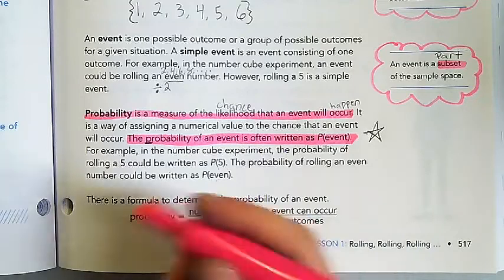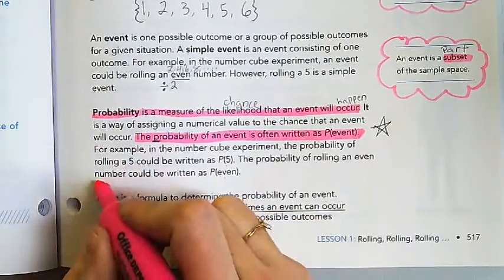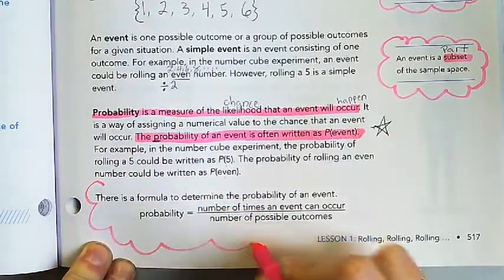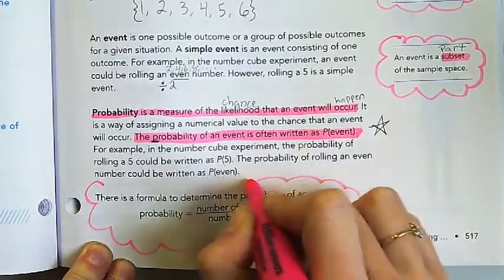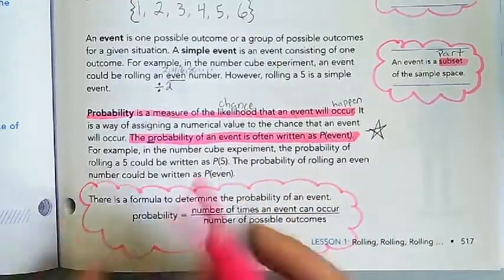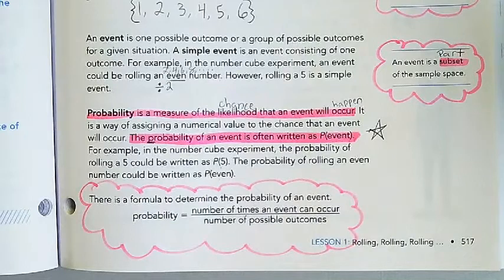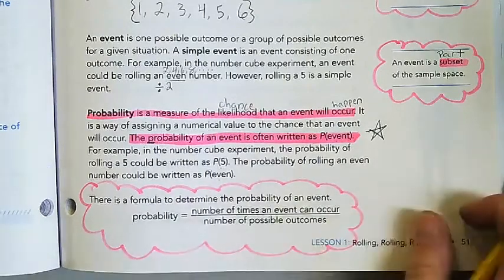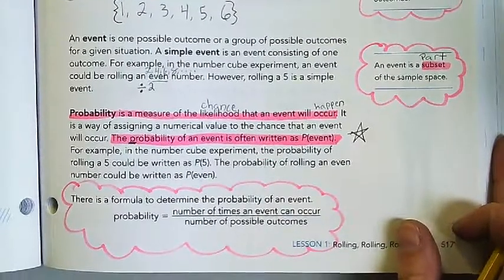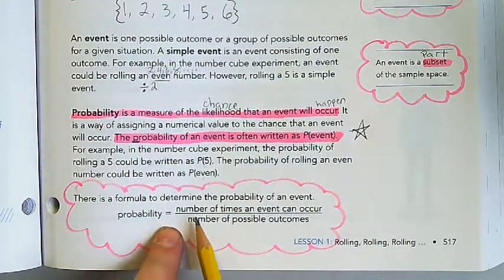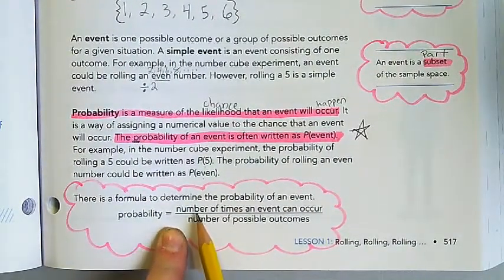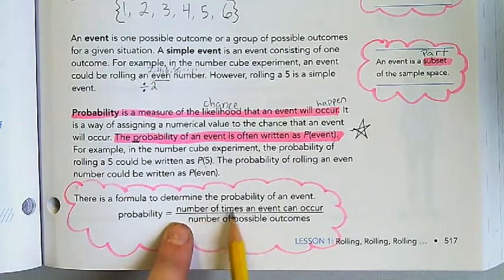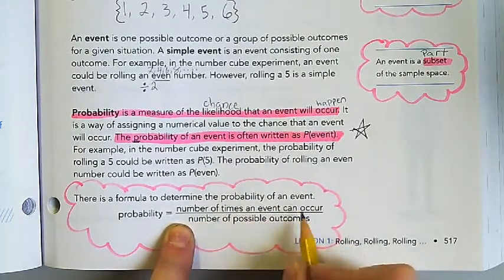And then this last part down here is how we find that probability. It is the formula. This is how we set up probability. We make a fraction. On top of the fraction, in the numerator, we put the number of times an event can occur.